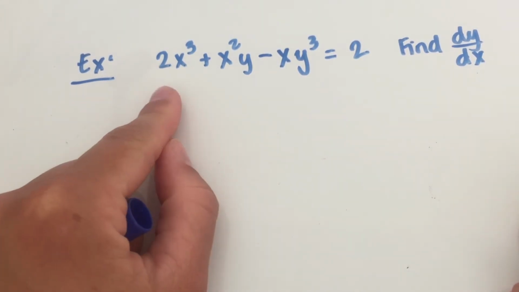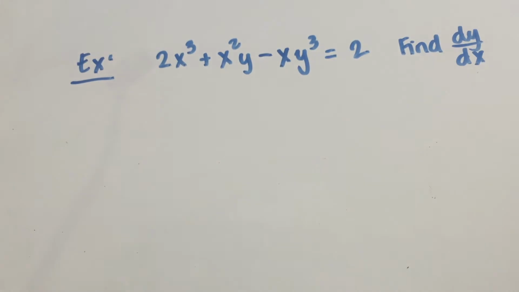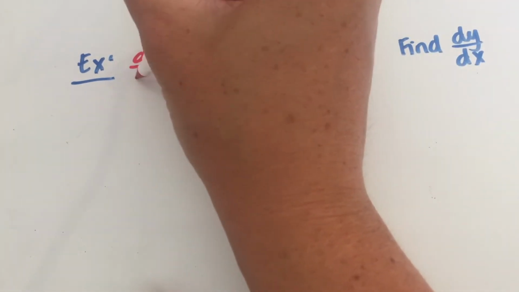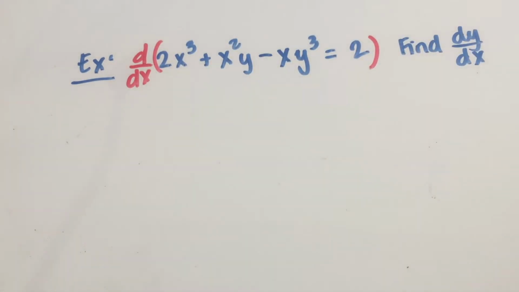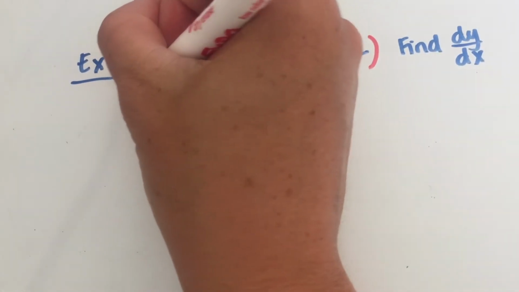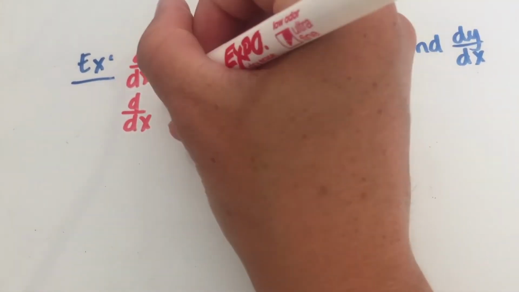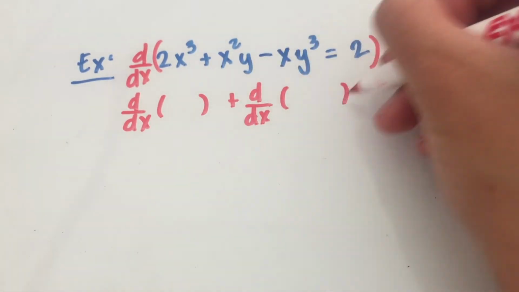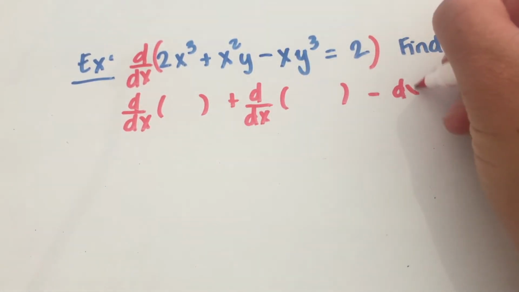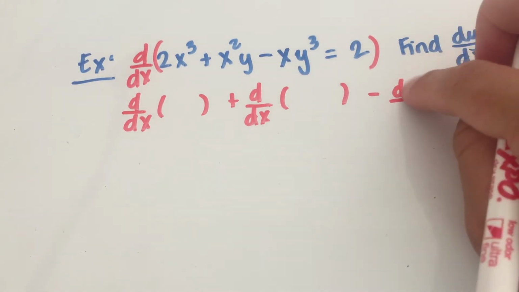Once again, I'm going to take the derivative with respect to x of the entire equation. I'm just showing this step to make it a little more clear, but you don't have to write it out this way when you're solving. You can just go right ahead and take the derivative of each term. You don't have to necessarily write it in this notation here.